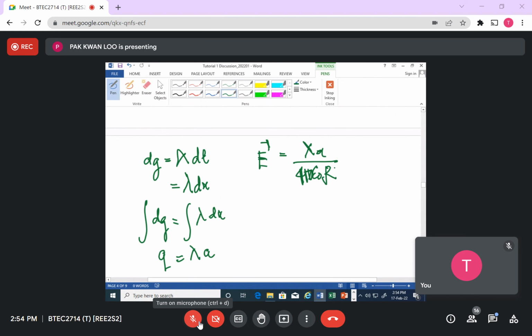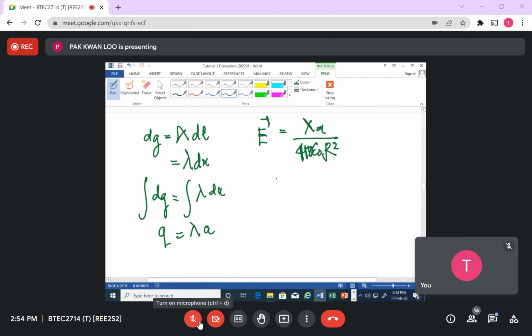I'll just draw back the diagram. So this is one of the lengths. You take this center point, and then this is your r. You calculate this length here. So this is z, this is a over 2.